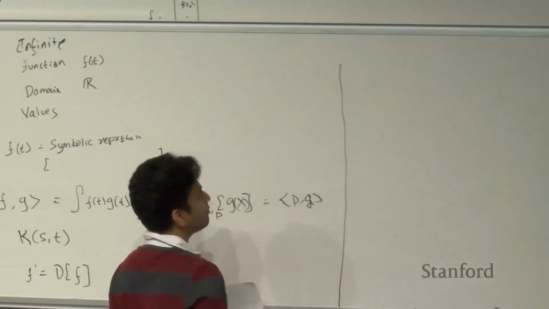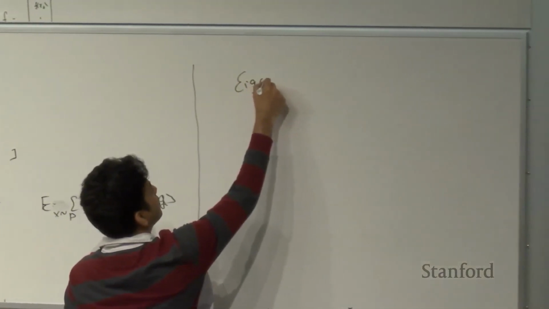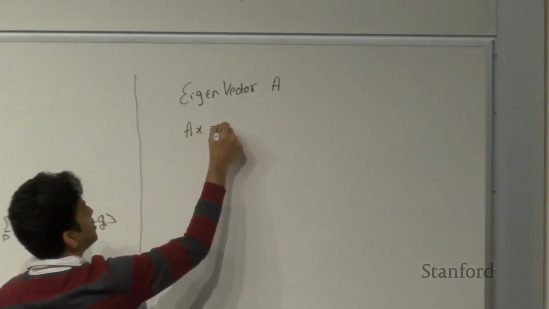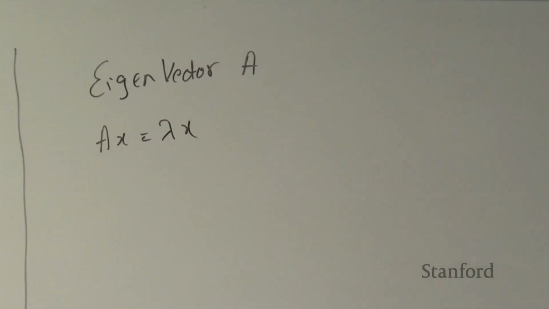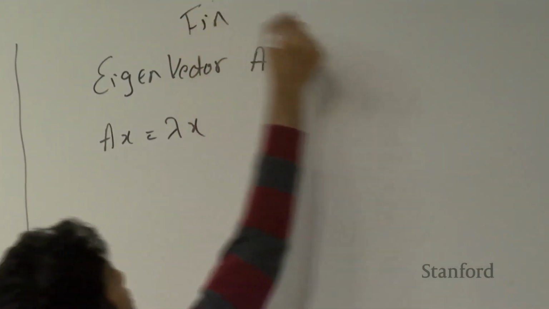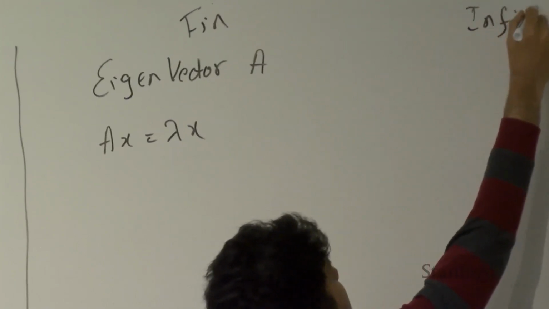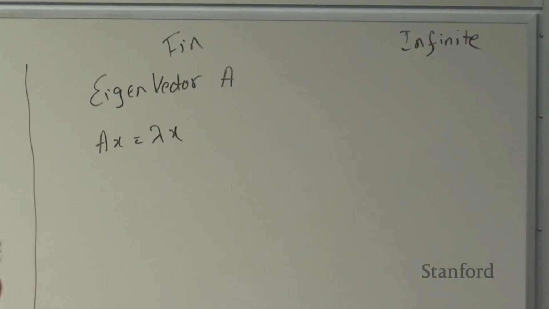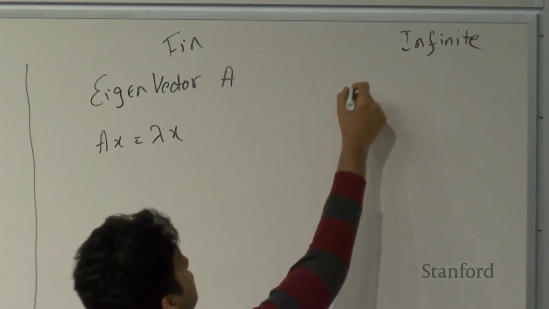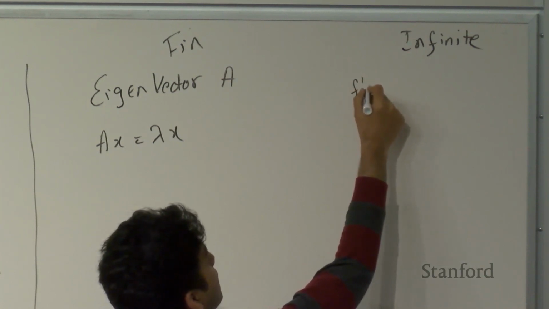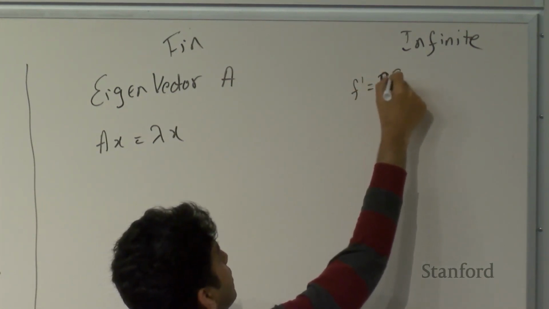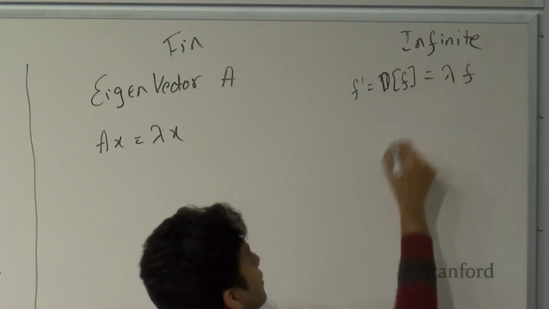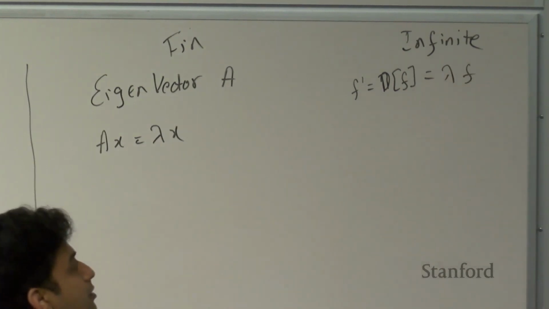For example, you have eigenvectors for a matrix A such that Ax equals lambda x. Similarly, this is finite, this is infinite, you can have eigenfunctions for some operator. If f prime, equal to D of f, is equal to some lambda times f, then f is an eigenfunction and lambda is the eigenvalue.